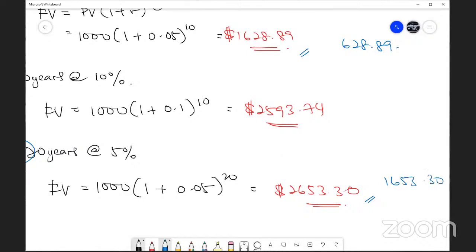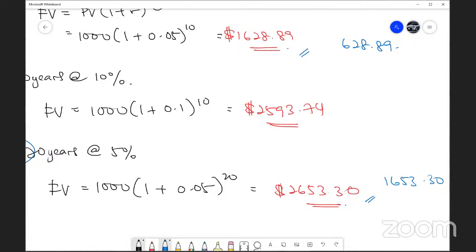So is 1653.3 double of this or not? 628.89 versus 1653.3. Is 1653 double this at least or not? More than double, right?